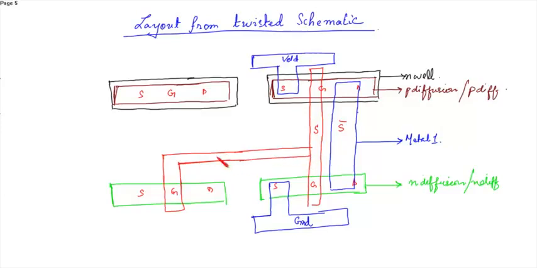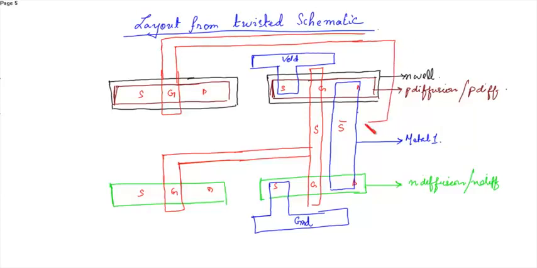Okay, now this gate is connected to, now this is the metal layer. Now you can see there's a connection between the poly and the metal contact.